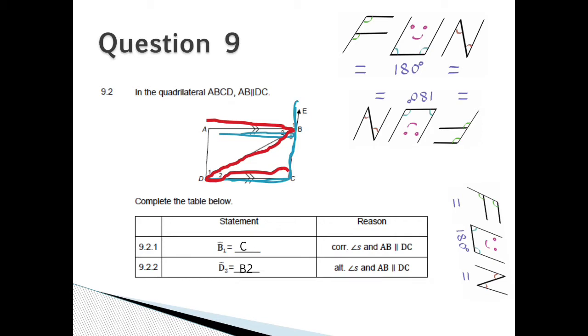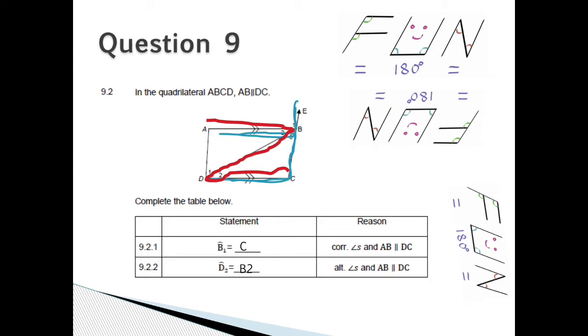In the quadrilateral ABCD, where AB is parallel to DC, we can see that from 9.2.1, B1 is equal to C because they are corresponding angles and AB is parallel to DC.